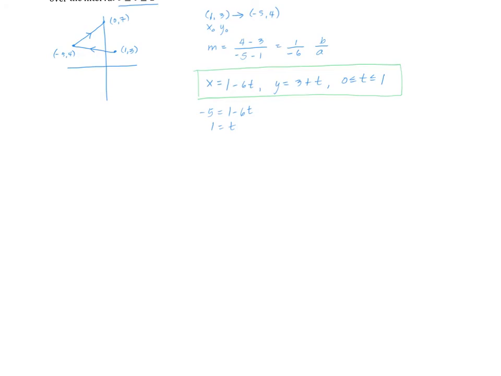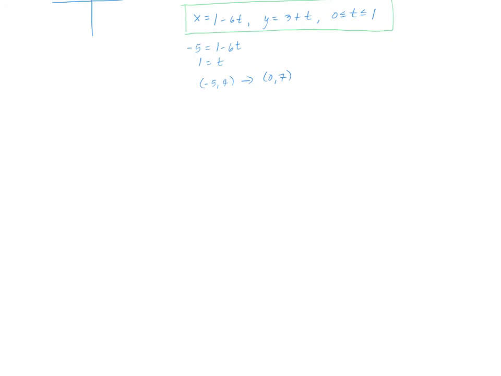Now's the tricky part. I need to go from the point -5, 4 to the point 0, 7. I can't simply use x sub 0, -5, y sub 0, 4, because that won't give me the correct t value. So before figuring out what my x sub 0 and y sub 0 are, I'm going to go ahead and figure out my slope first, because those values are given to me.